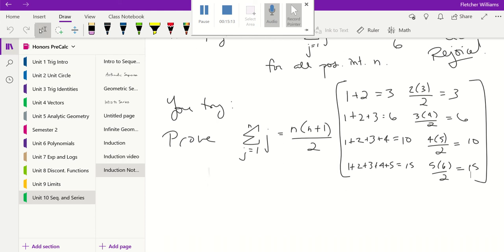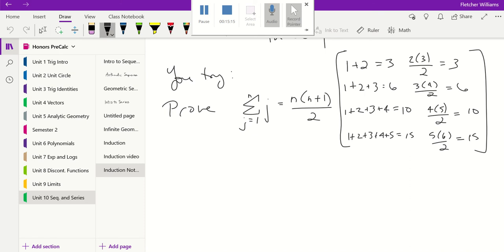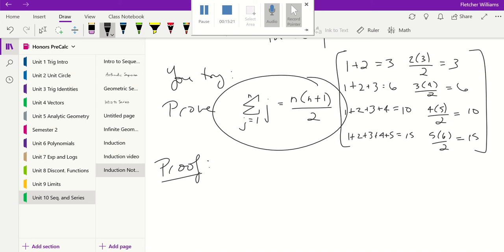All right, so let's look through the whole thing so we see it all together. So we're trying to prove this statement here, so the proof. Okay, so we first show the base case. First, the base case. That is, when n equals 1, the sum from j equals 1 to 1 of j equals 1.